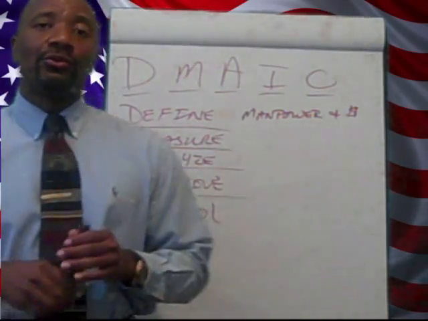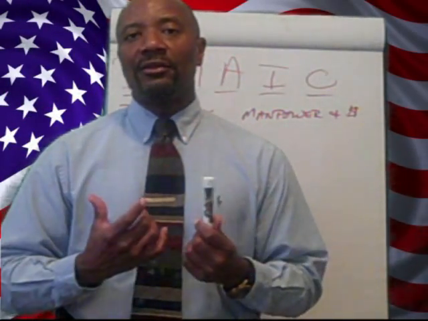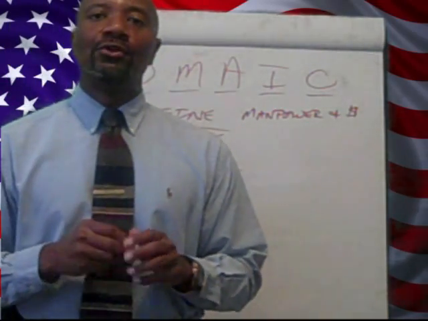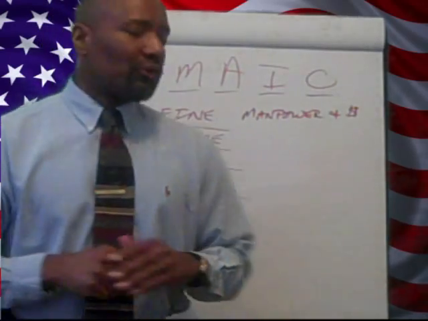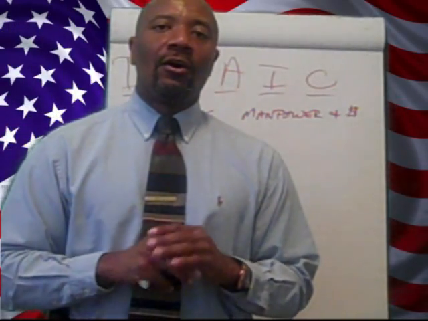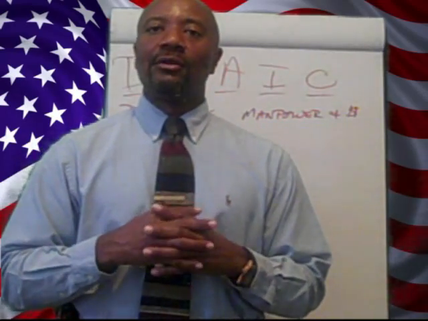In the control phase, we're going to put systems in place to make sure that we are able to sustain the improvements that we saw in the improve phase. So in the control phase, it's all about making sure that we have all the necessary tools that we need in order to sustain the benefits.